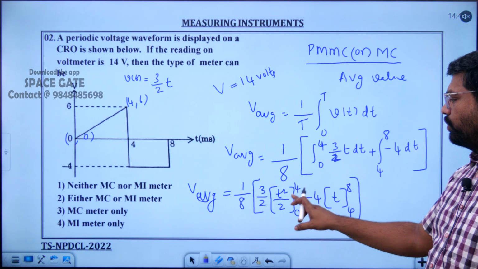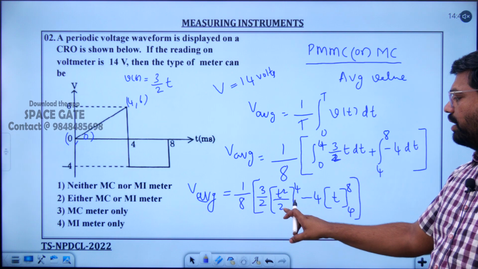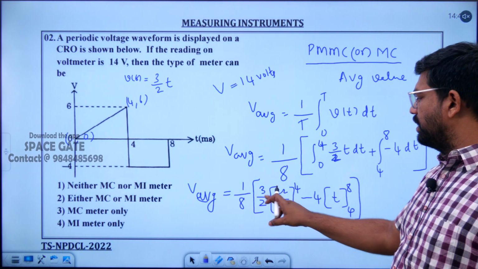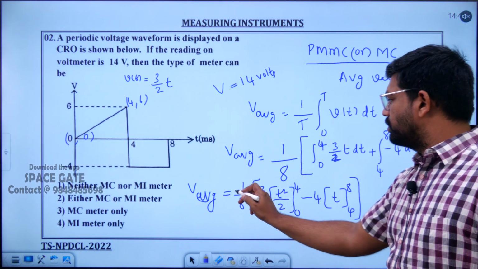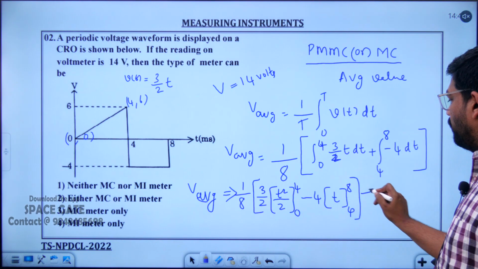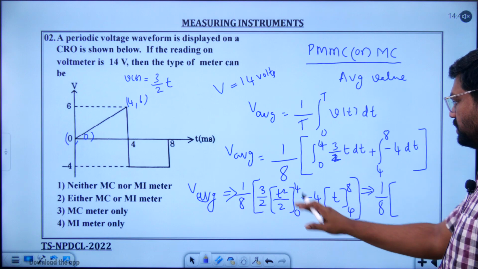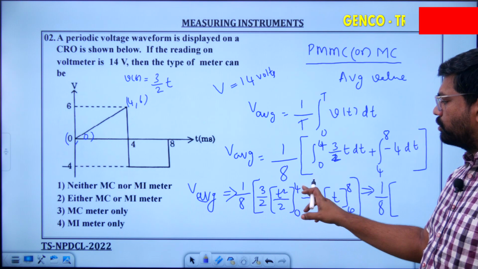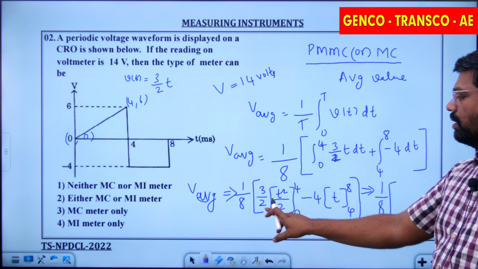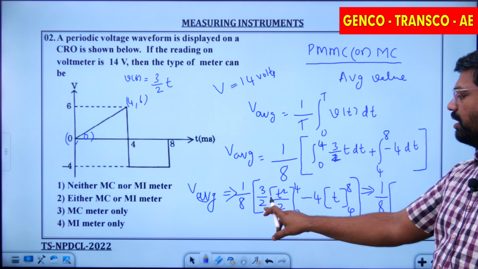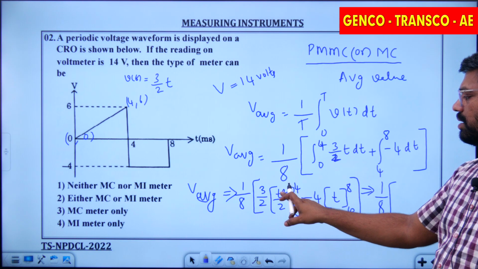Just need to check what result we get. t square means 4 square, 16 by 2, 8. So overall, if I find this final value, I am giving the result. 4 square means 16 by 2 means 8. 8 by 2 means 4.